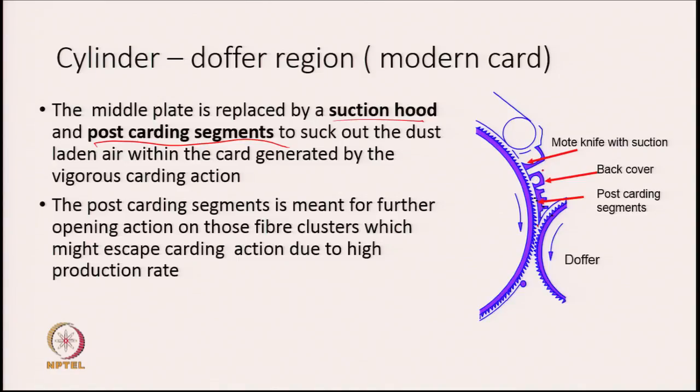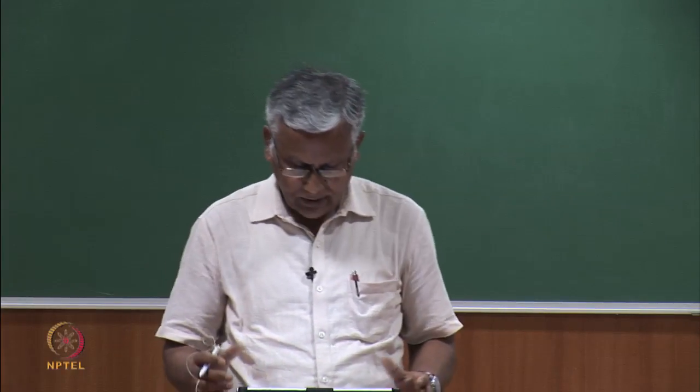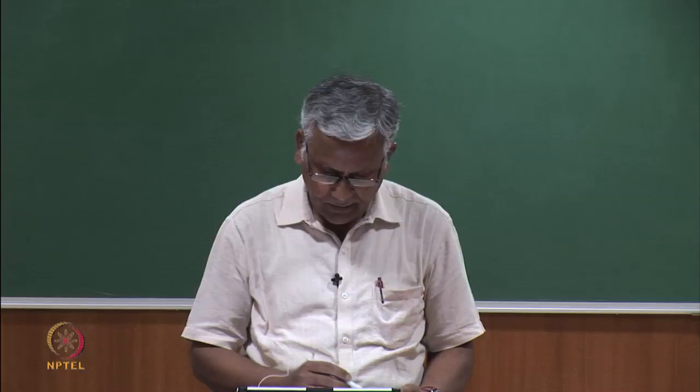This is the suction point. So, this is the purpose of the zone from flat to Dhafir: to suck out the dust particles as well as to open out the fiber tufts.